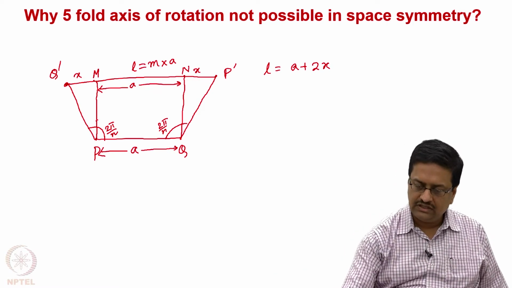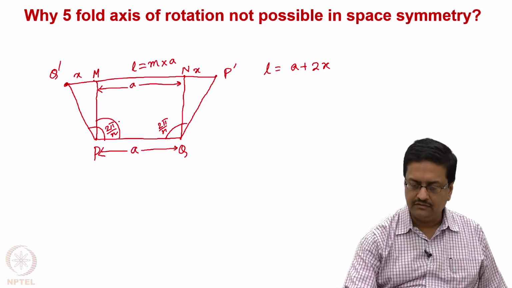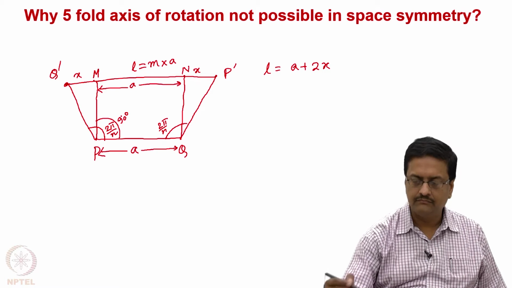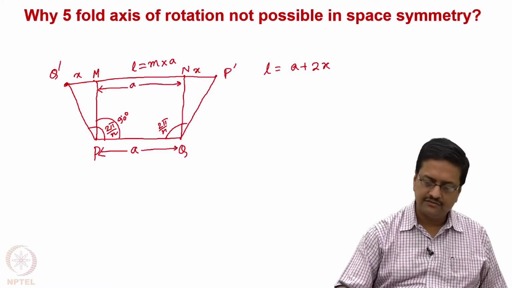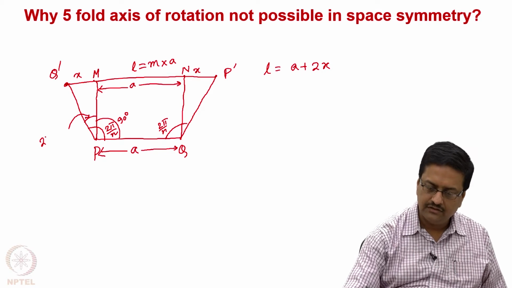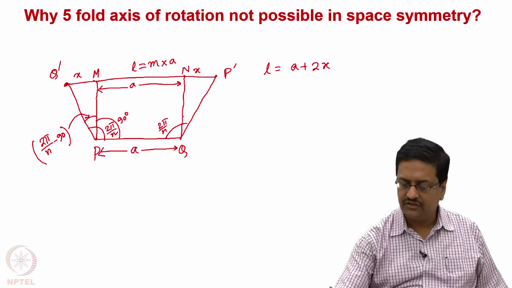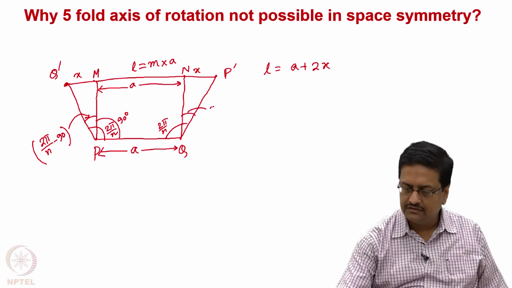So now the point here is 90 degree, which indicates the outer angle here is 2 pi by n minus 90. The same is valid on the other side.